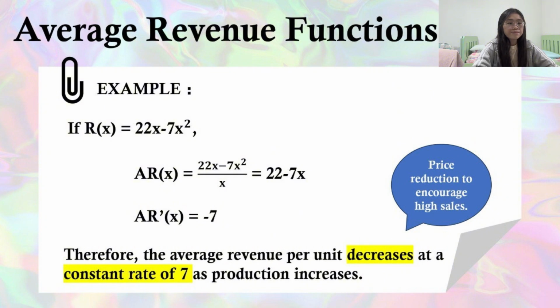The next step, we need to differentiate it. And the first derivative of the average revenue function is equal to negative 7. Therefore, the average revenue per unit decreases at a constant rate of 7 as production increases. And actually, the price reduction is to encourage high sales in a company.